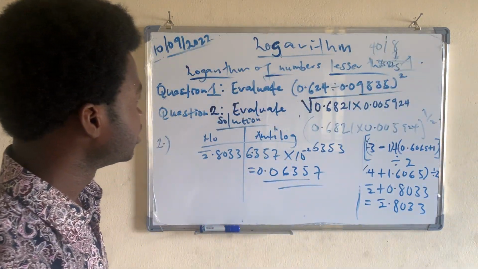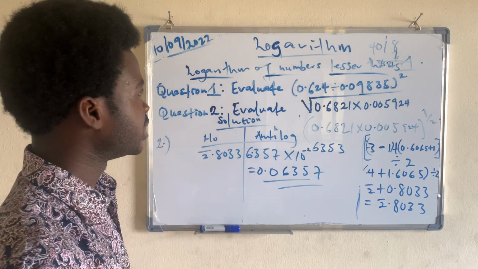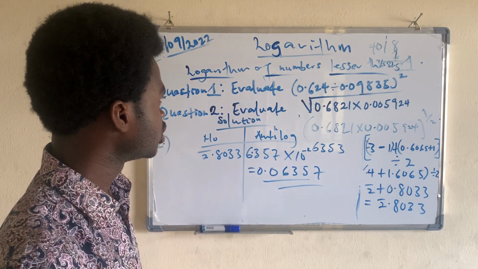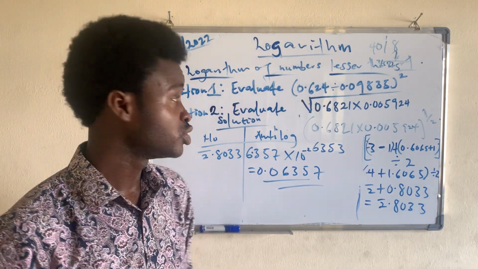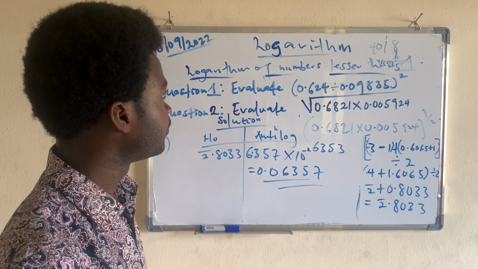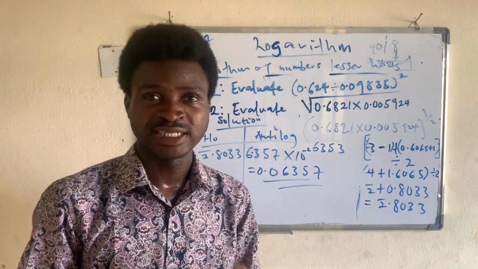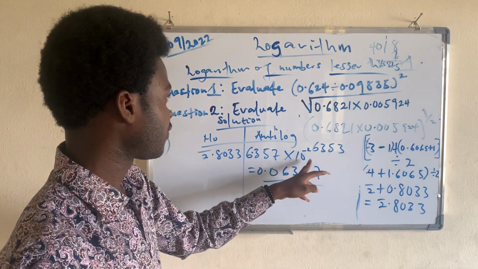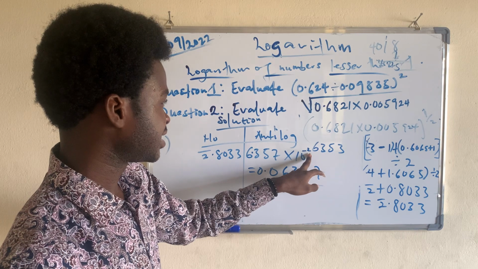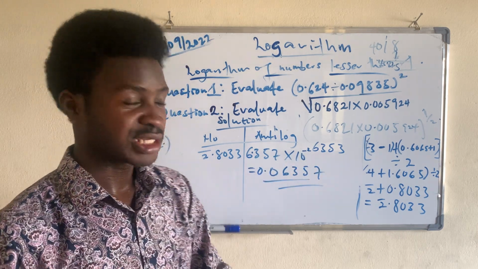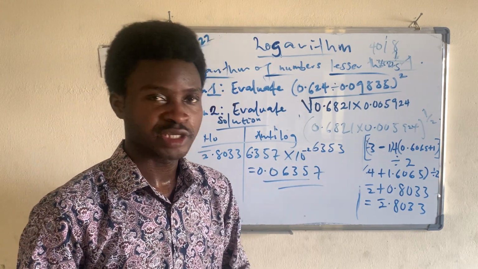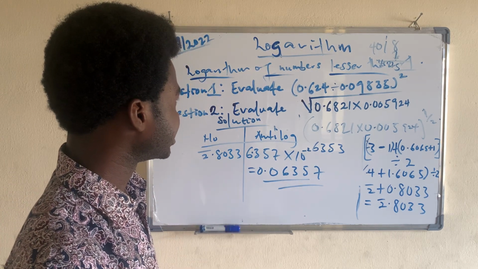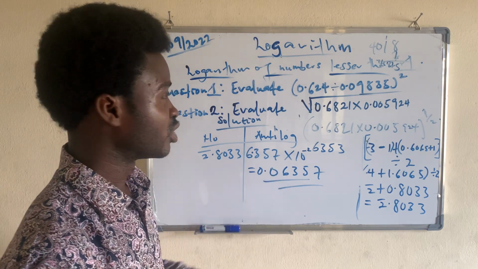Okay, very quickly, to understand this and be able to solve questions under logarithm of numbers lesser than 1, you need to know that we have two things to always consider: the mantissa and the characteristics. The characteristics, the power of 10, is the characteristics. The mantissa are the values you get in your logarithmic table. And you need to apply the logarithmic rules.